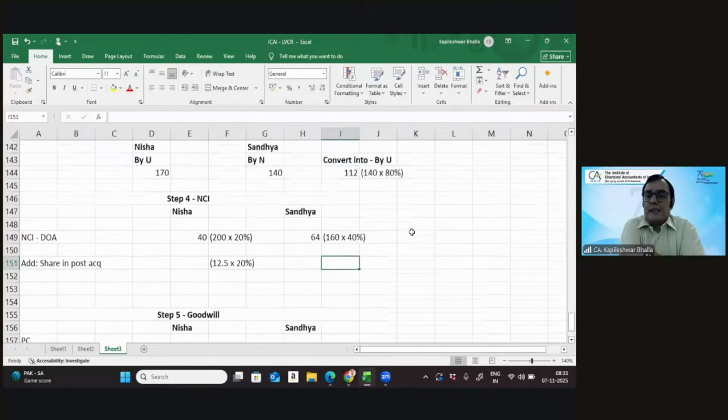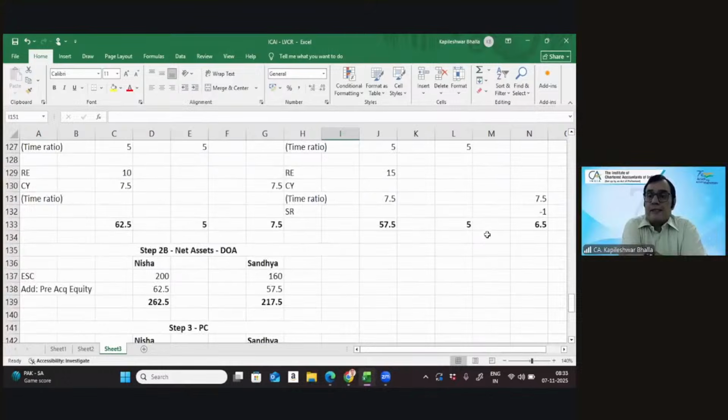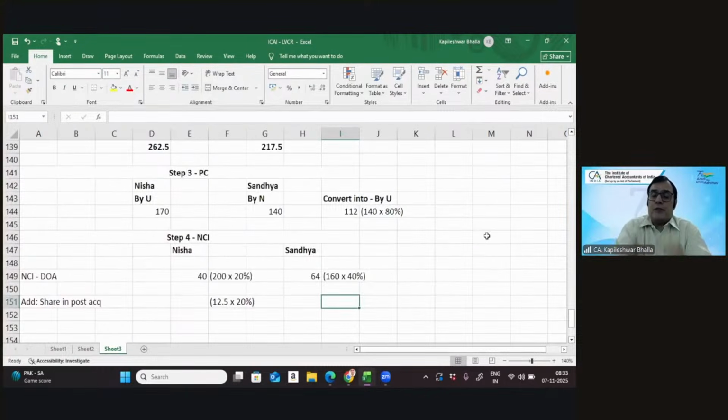Then let's go to Sandhya. Sandhya is 5 and 6.5. So 5 and 6.5. So we can consider that is 11.5. So let's put it 11.5 into 40%.